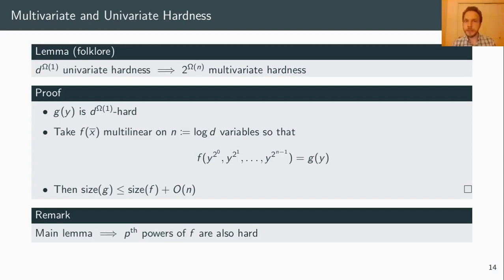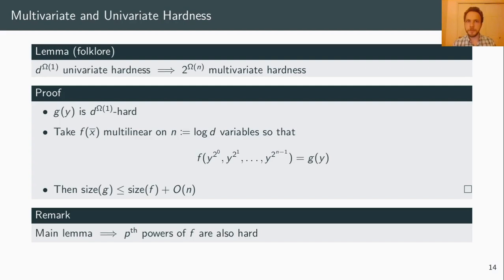You can see this as follows: suppose I have a small circuit which computes f to the p. Then I can do this substitution and obtain a small circuit for g to the p. But then I can take a pth root, so I get a small circuit for g. So this is the tool that we use throughout the work to translate between these multivariate and univariate regimes.